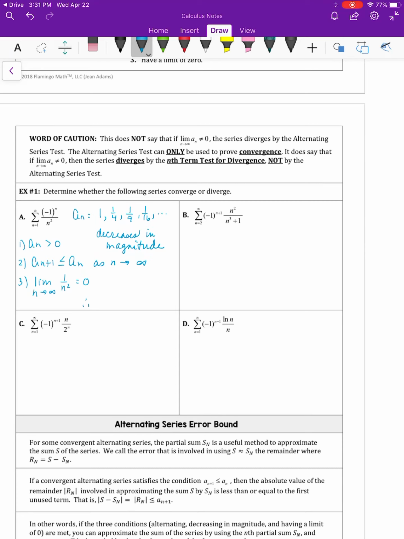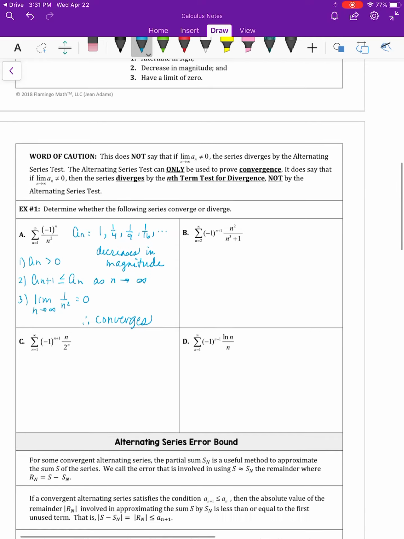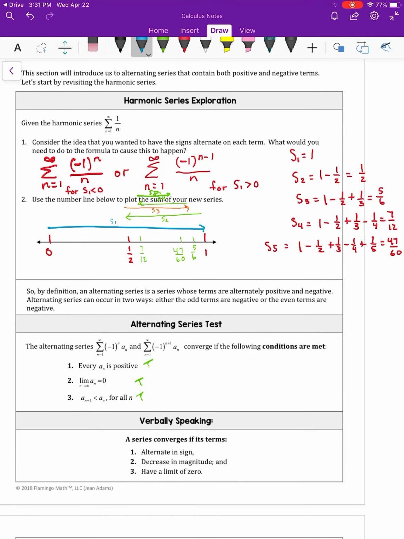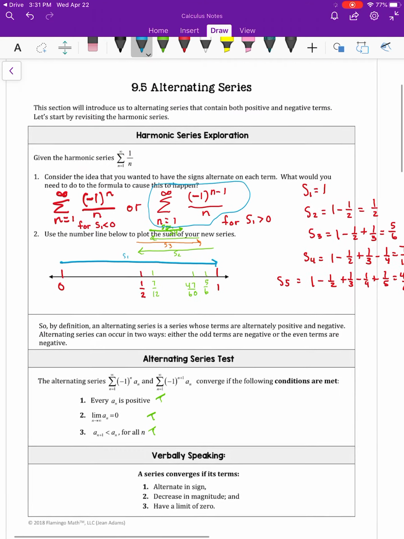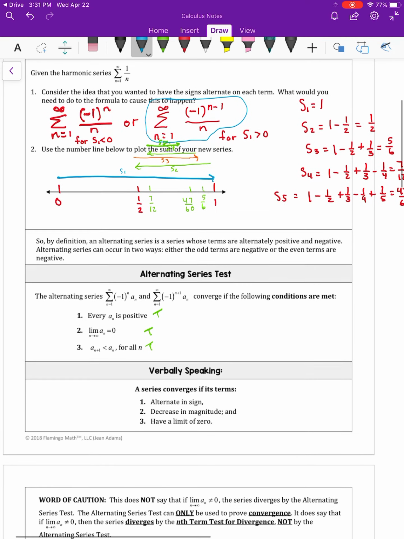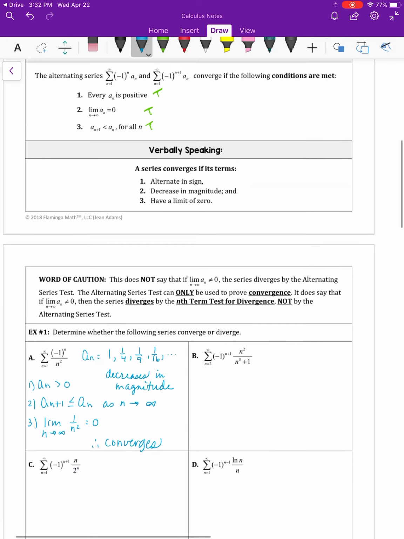Number two, my next term is always smaller than my previous as n goes to infinity. So that one was true. And then I need to take the limit as n goes to infinity of my a sub n. Is it 0? Yes. Therefore, it converges by the alternating series test.